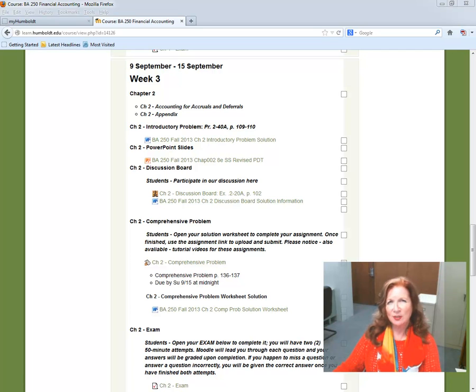On pages 62 and 63, the authors give you an introduction to accrual accounting and an introduction to this concept of economic transactions, all of the economic transactions, those of cash and those of non-cash, rather than only cash transactions. On pages 64 to 72, the textbook gives you examples of the various types of transactions that you're now going to encounter.